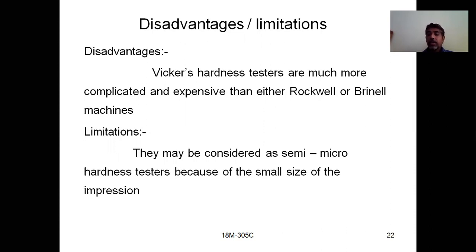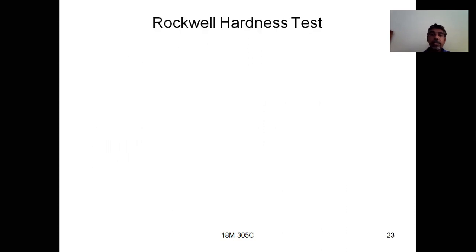Here you are using semi-micro observations. Because of the diamond indenter, you are getting small impressions or indentations, and we are unable to observe them with the naked eye. So we have to use a microscope. Simply we can say that it is a semi-micro hardness test. These are the disadvantages and limitations we have.